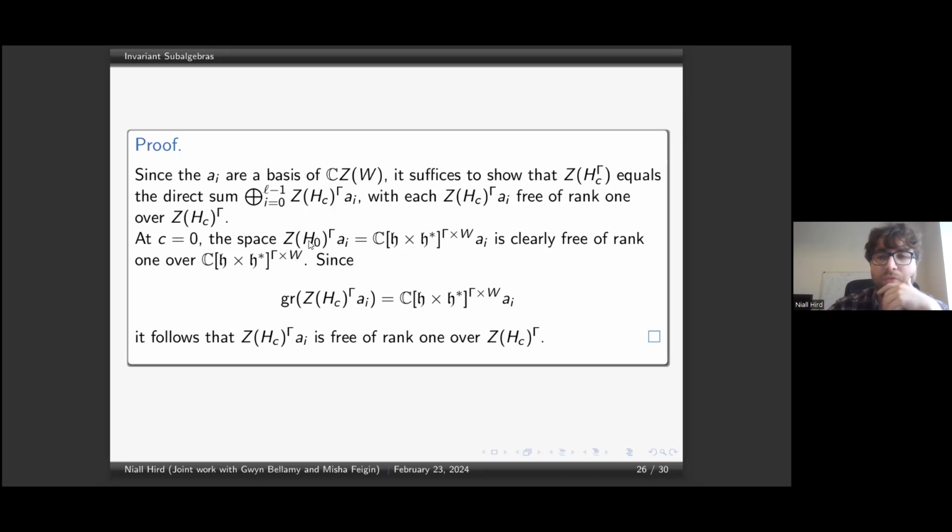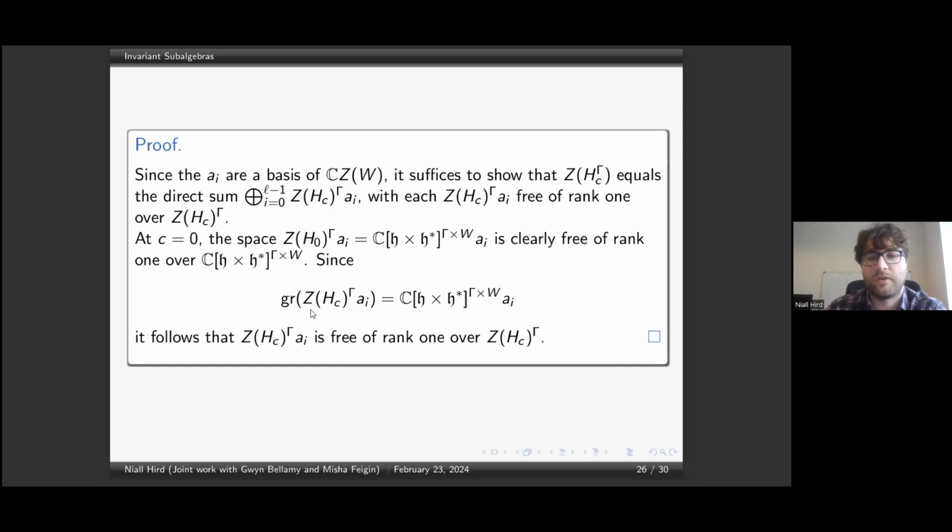That's given in the slide about the center of the rational Cherednik algebra, what we initially know about it. So we know the center is the polynomials that are invariant under W. So including under gamma, we just get this. So this is free of rank 1 over the same polynomial ring.